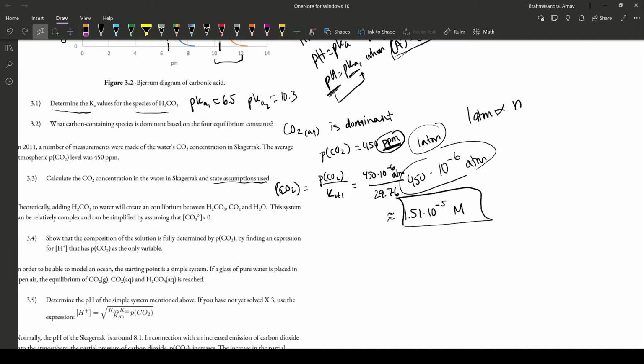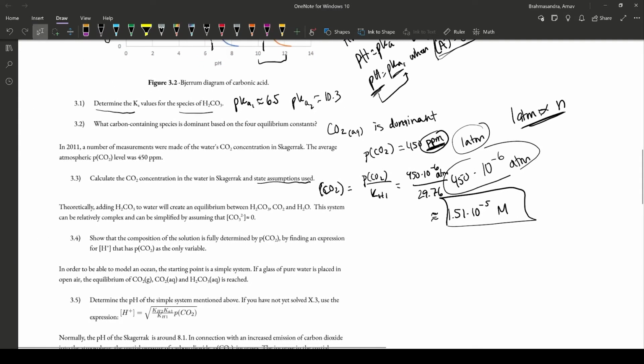So we assumed that everything in the atmosphere has a really similar molar mass, so that we can just assume that 450 parts per million is the same thing as 450 parts per million of the moles, which is the same thing as 450 parts per million of the pressure. So that's one thing that we assumed. We assumed that the molar masses are similar enough for us to just look at the mole fractions rather than the mass. So that's basically the assumption that we used.